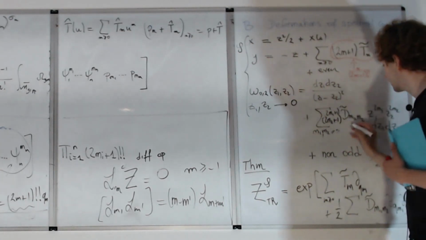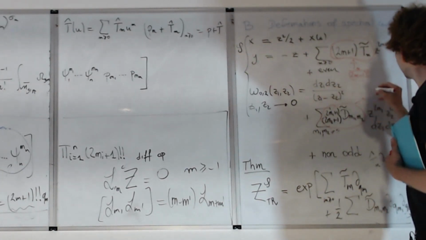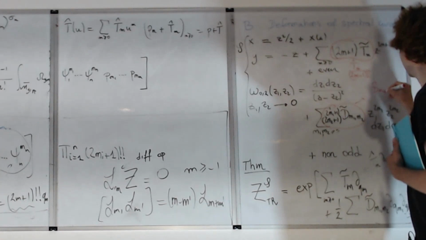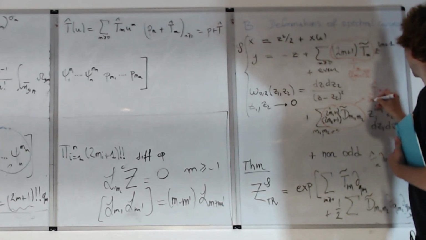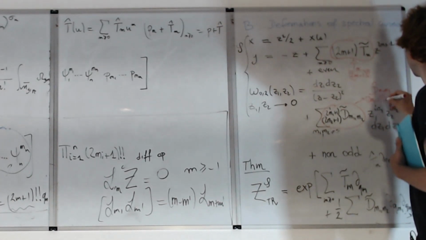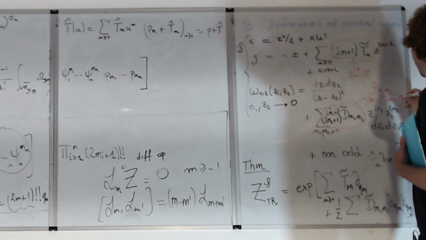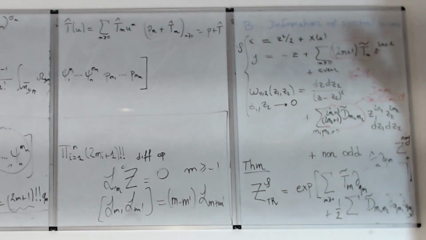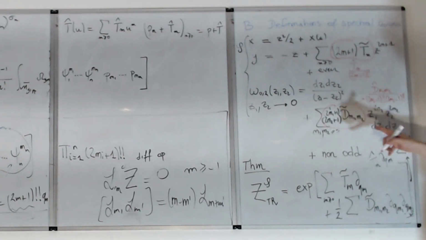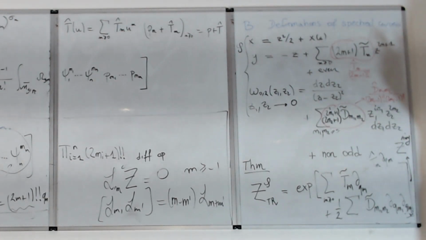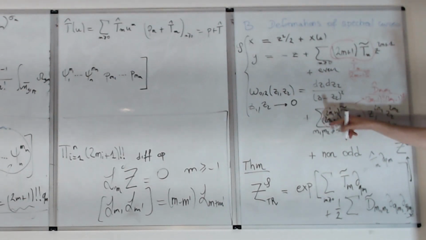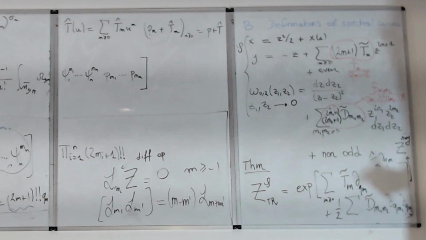And here this is d hat m1, m2 over (2m1 minus 1), (2m2 minus 1). If m equals 0, by convention, minus 1 double factorial is equal to 1, which is pretty clear in the way that it occurs here.